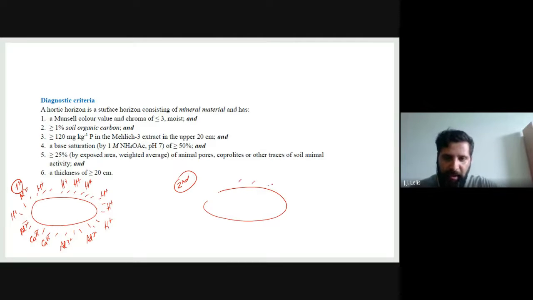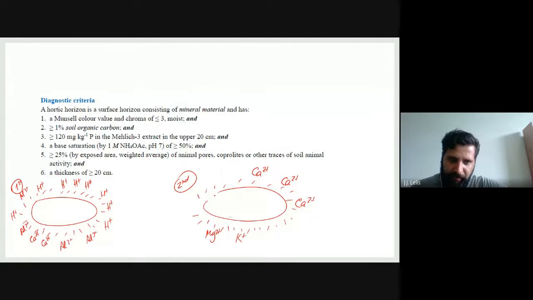So now several of these charges are available to be neutralized by nutrients. Some nutrients can neutralize and be sorbed on this clay particle.